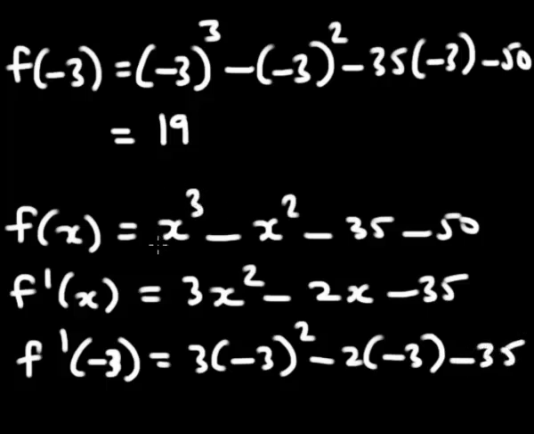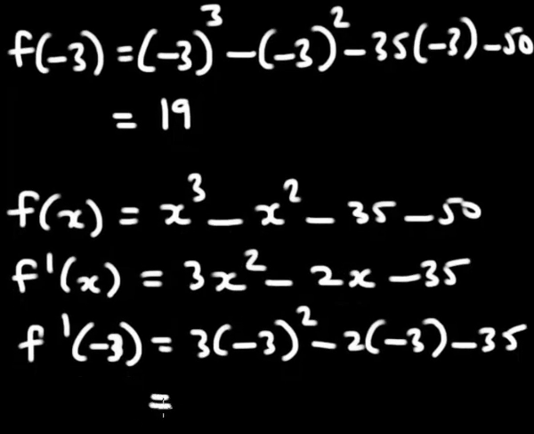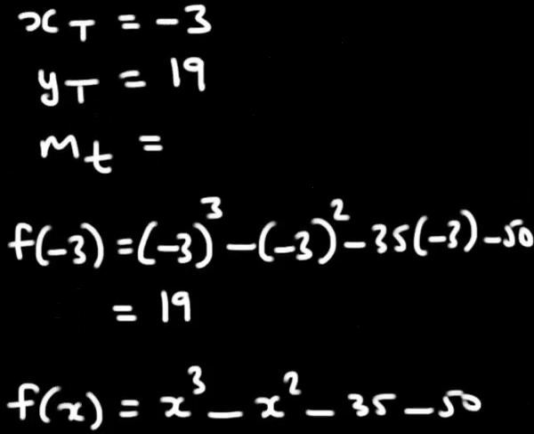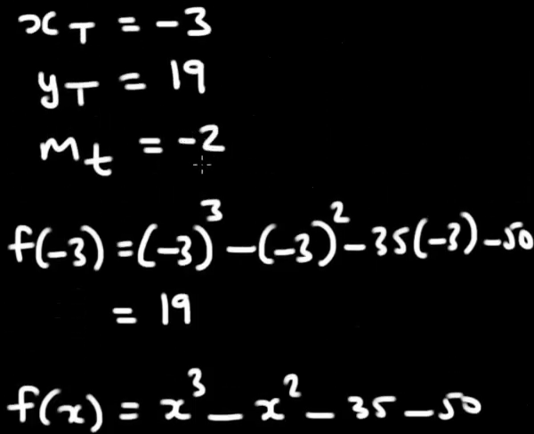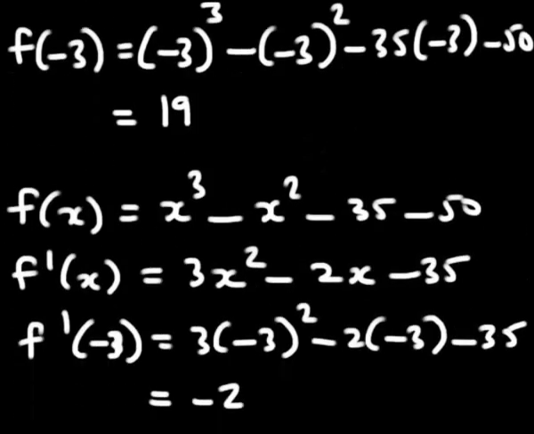Remember, bring down the 3 and subtract 1 from the power, bring down the 2 and subtract 1. The gradient will then equal -2 if you work that out. So we've got the gradient of the tangent at -3 as -2.